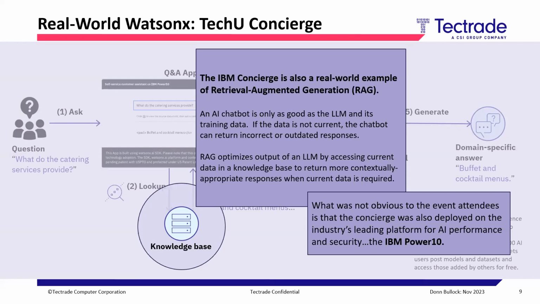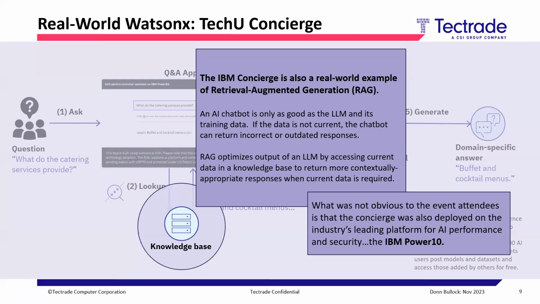For the purposes of the concierge product, IBM was using a knowledge base of recent changes to a menu, for example, to be able to make users aware or capable of asking questions about things that happened very recently. This gives you the ability to not have to continue to retrain your model every time new information comes out, but instead gives you the ability to make current information always available to your users.